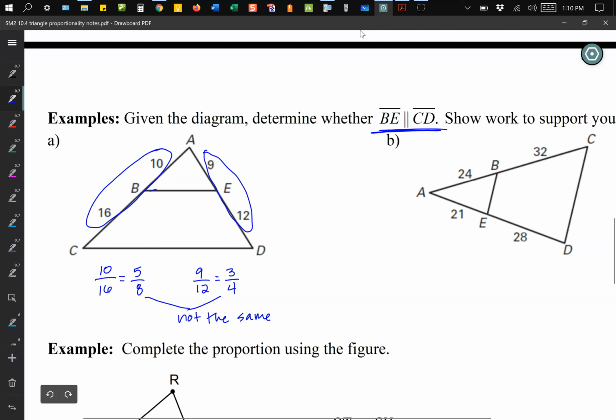So that means that even though this piece and this piece look like they're going in the same direction, they are not parallel to each other. If I extended them, I can't spell parallel apparently. If I extended them far enough, eventually they would cross.